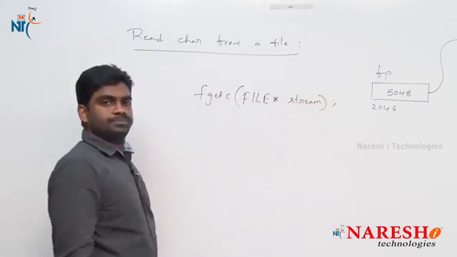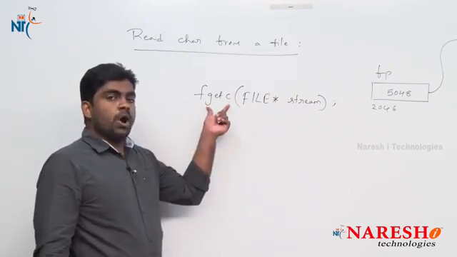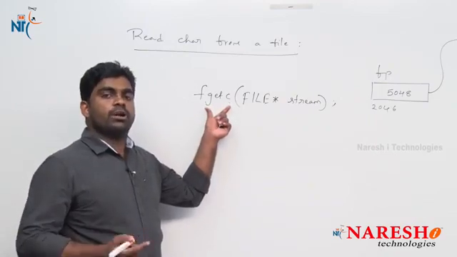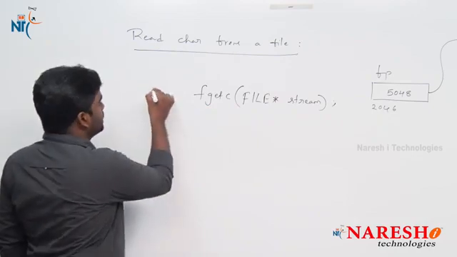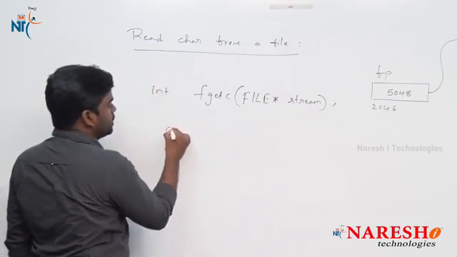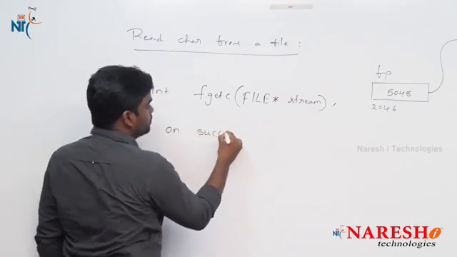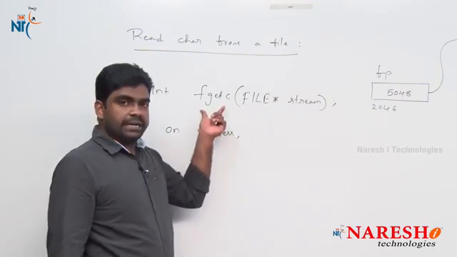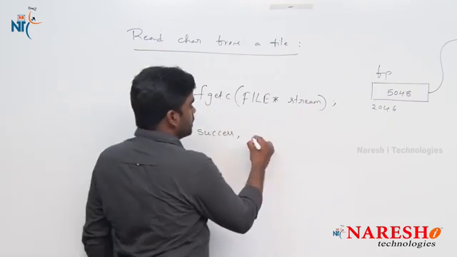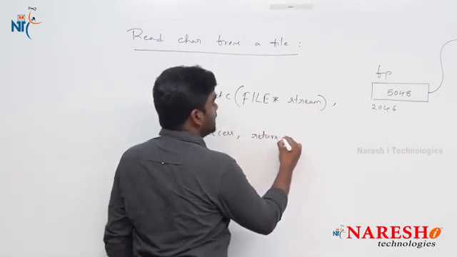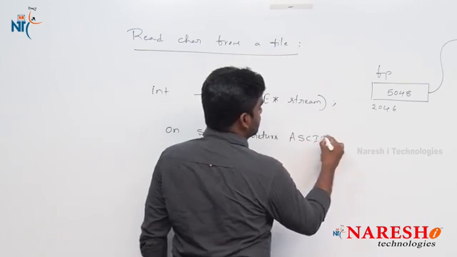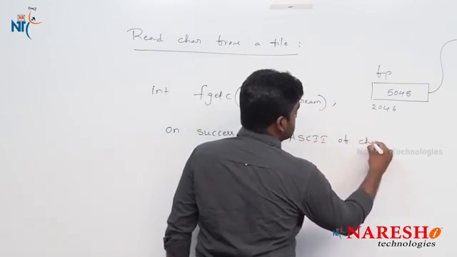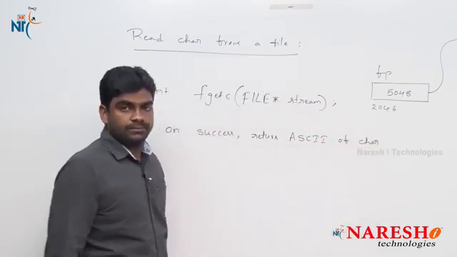This is the prototype. Here, on success or on failure, what values will it return? The return type is an integer. Why? On success, if it successfully reads any character from the file, it returns the ASCII value of the character.